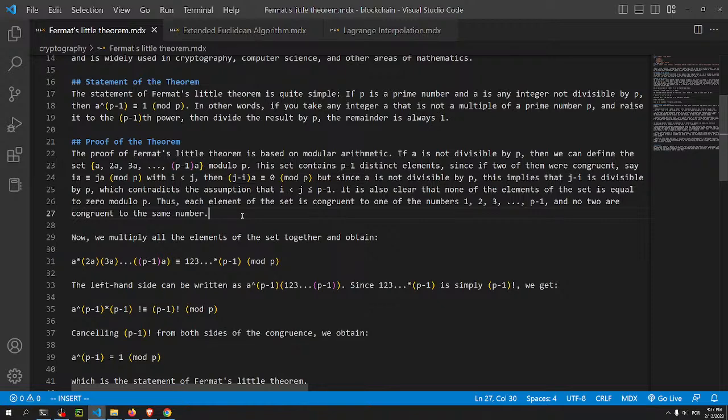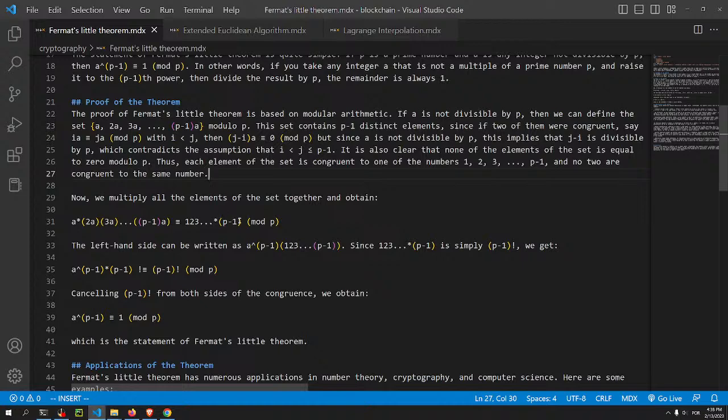So it's pretty much going over the same explanation from the video of getting the factorial on both sides and then simplifying. Oh, that's a problem. I have to escape this.